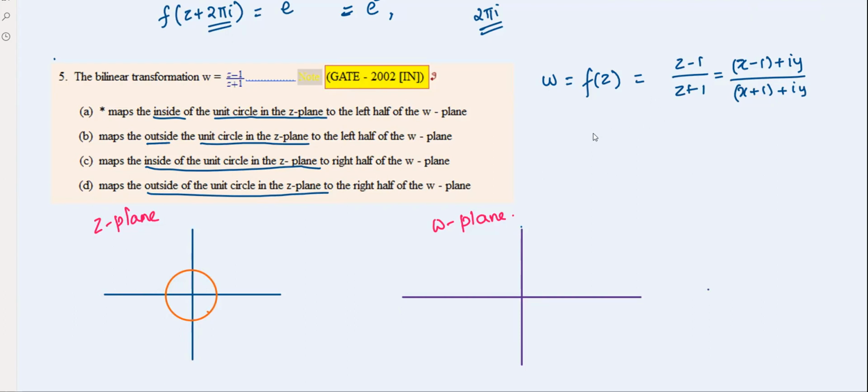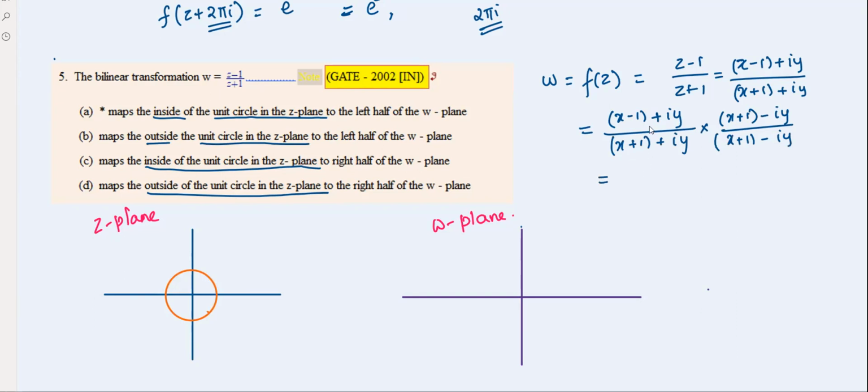So let us simplify this. x minus 1 plus iy by x plus 1 plus iy times x plus 1 minus iy over x plus 1 minus iy.